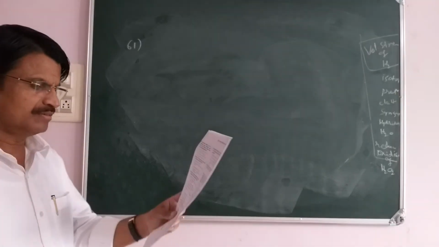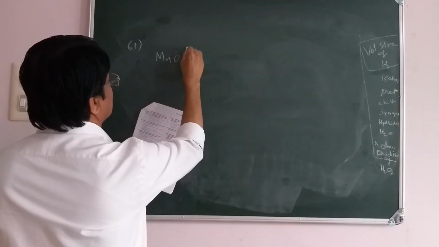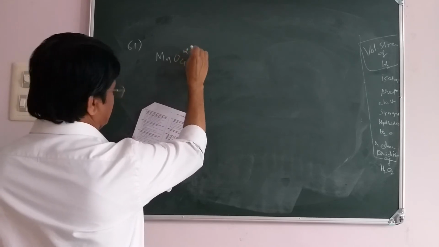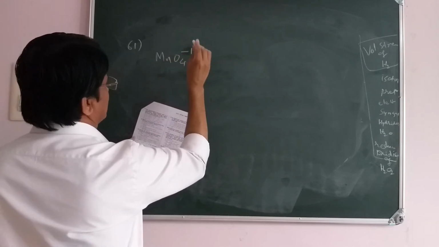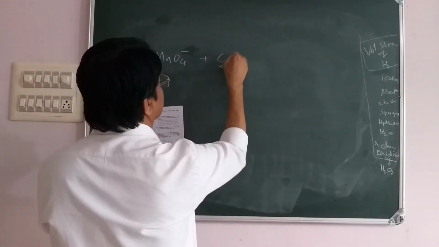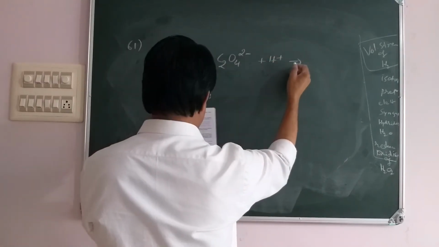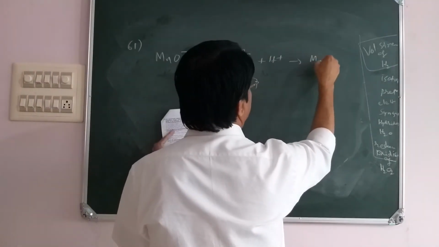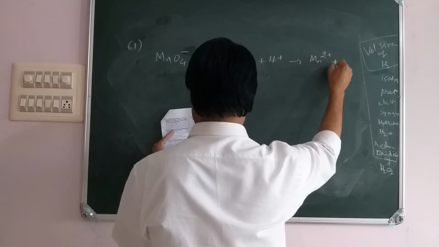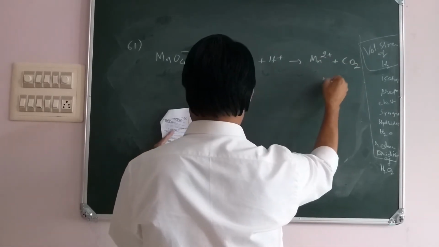For the redox reaction, MnO4 minus plus C2O4 2 minus plus H plus gives Mn2 plus plus CO2 plus H2O.